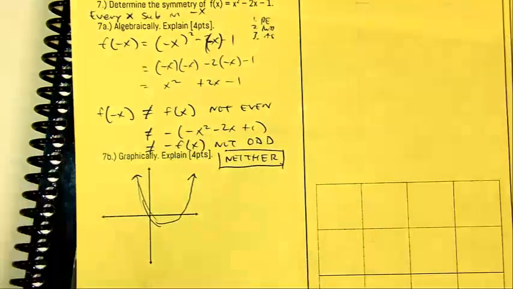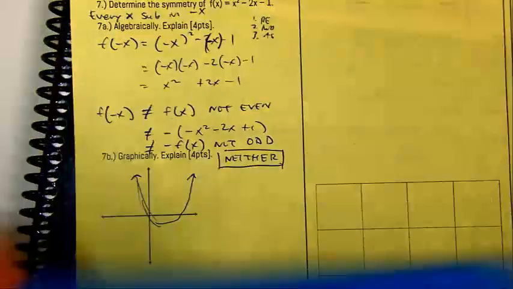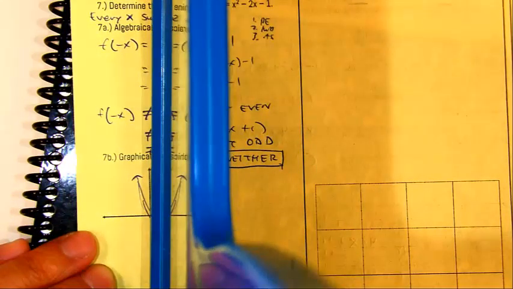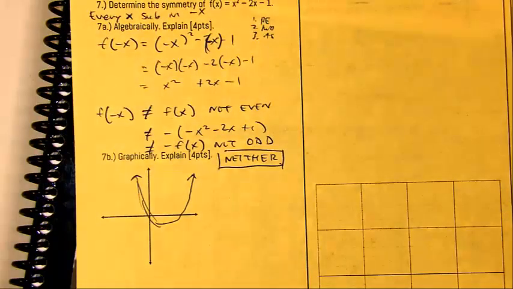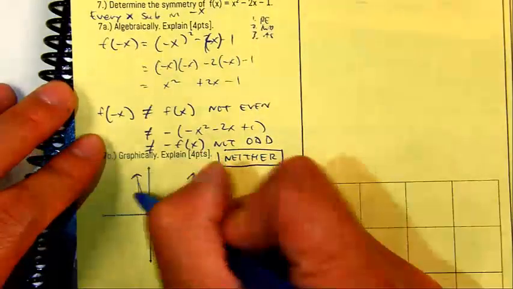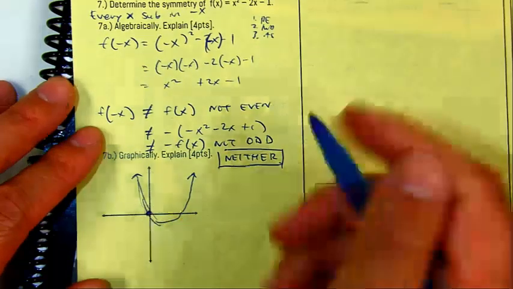So it doesn't have symmetry about the y-axis. It's not rotated about the origin, so I like to think of it as rotated 180 degrees. So in this quadrant, do you have a tree sticking kind of straight down? The answer would be no.